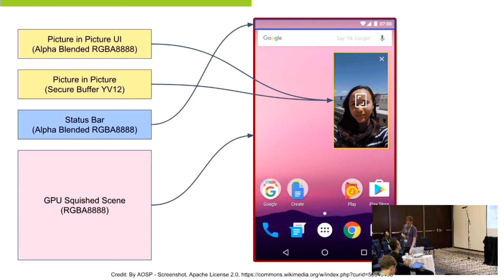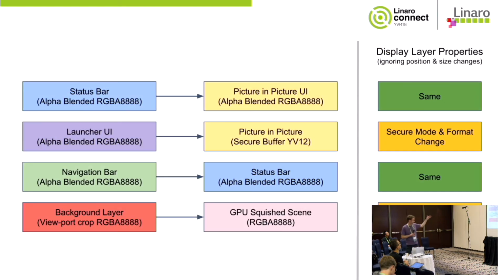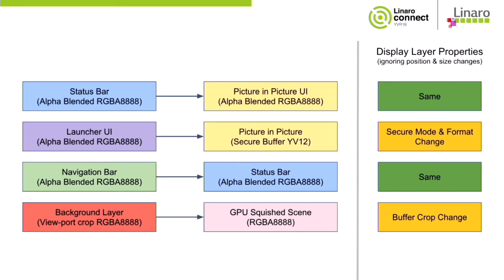Now when we look at what actually changed, we went from the status bar, launcher, navigation bar, and background layer to the picture-in-picture UI, the picture-in-picture, the status bar, and the GPU squish scene.